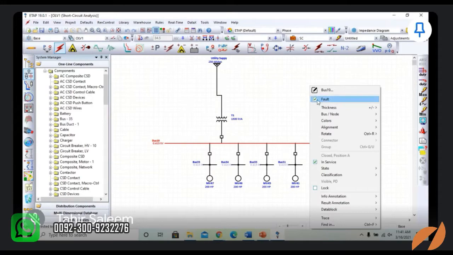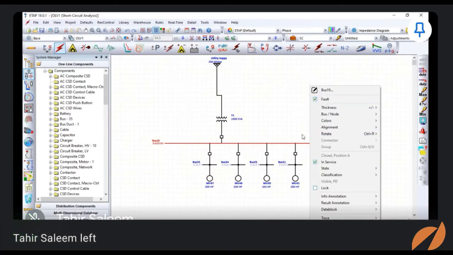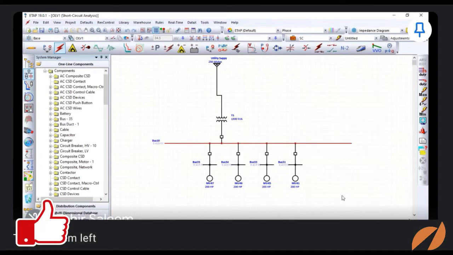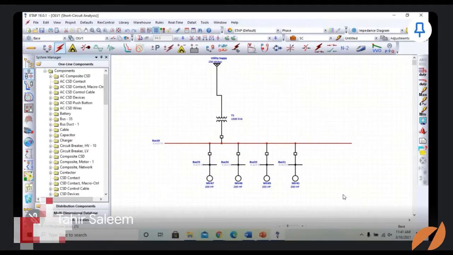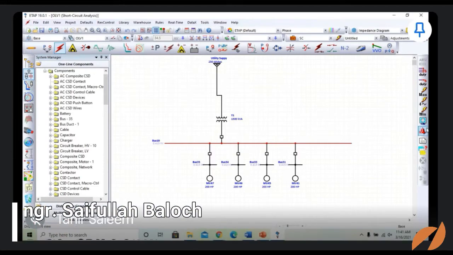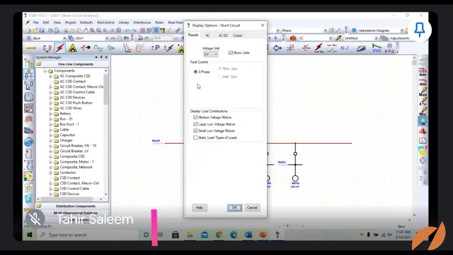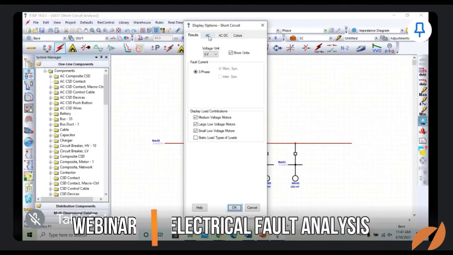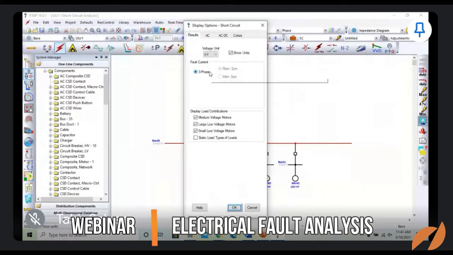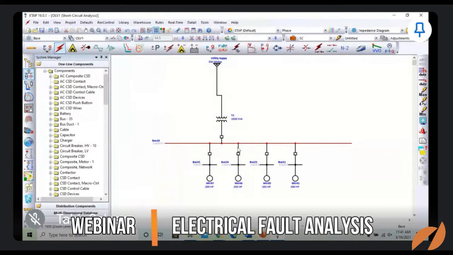So this bus bar now has a fault. Now for the fault, there are 3 to 4 types you can select from this display. Now what kind of fault do you want to put? That is a three-phase fault.